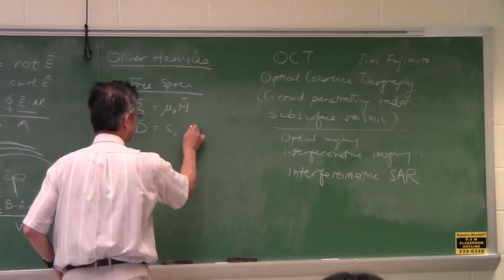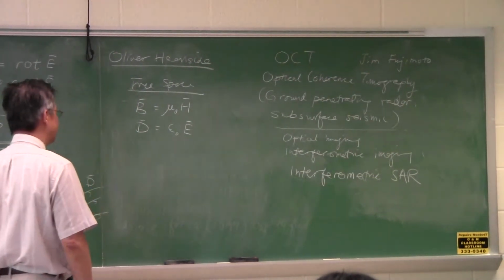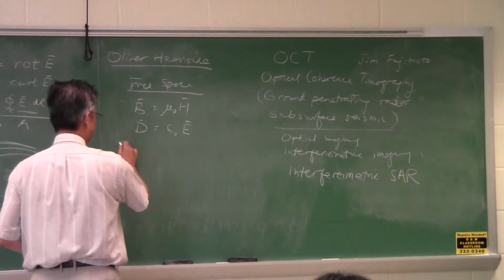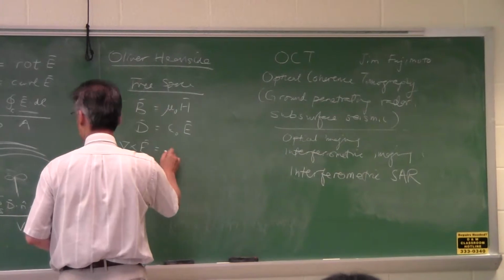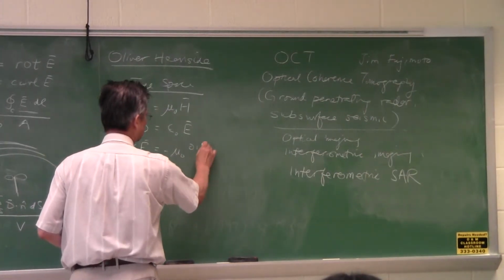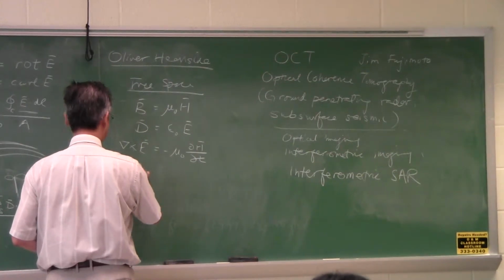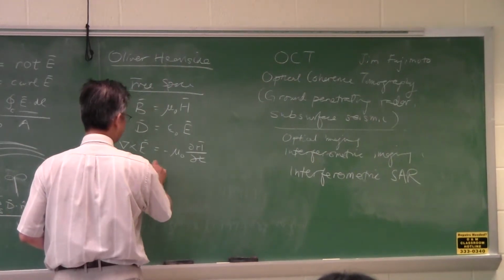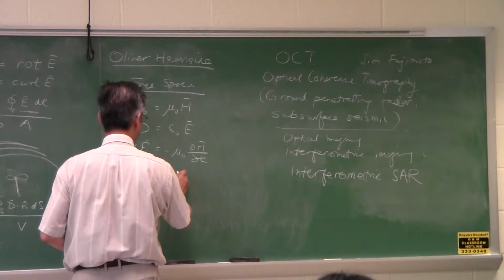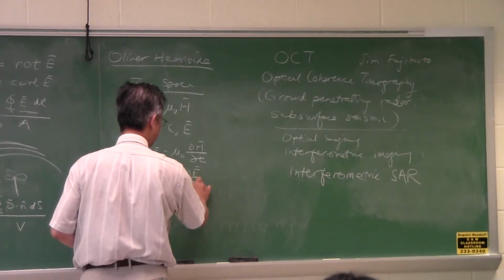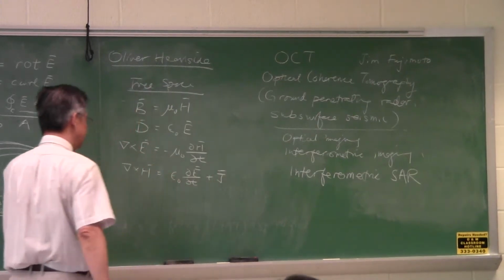D is epsilon naught E. Then Maxwell's equation simplifies, and then you can, of course, get this equation, and curl of H is equal to epsilon naught dE/dt plus J and so on.